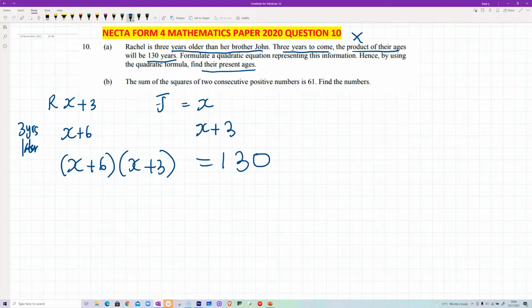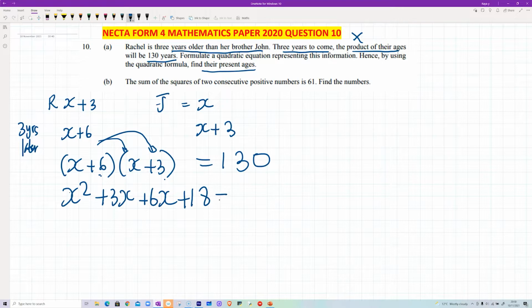If you expand this, you will get x squared. So x squared, x times 3, so that's plus 3x. 6 times x, that's going to be plus 6x. 6 times 3, that's going to be plus 18. Equals 130. Right then, if we collect like terms, we will get x squared plus 9x.